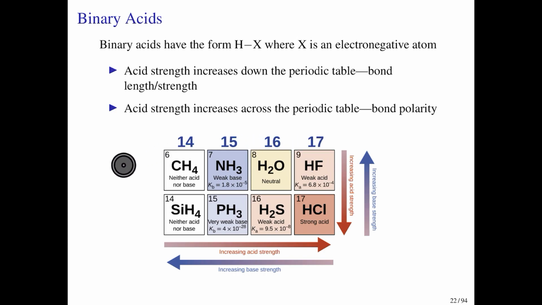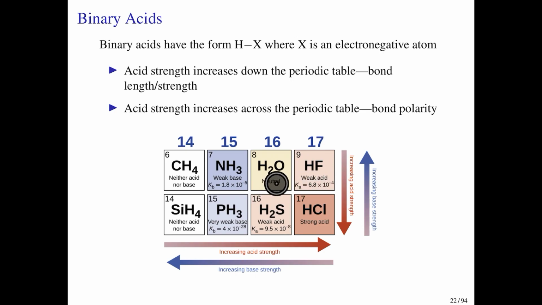So think about your electronegativity trends involving the periodic table. As you go across the periodic table, the electronegativity of the atoms increases. In fact, fluorine has the largest electronegativity of all of the atoms on the periodic table. And so hydrogen fluoride is a stronger acid than water because the HF bond is more polar, and therefore the hydrogen is more susceptible to being donated away than it is in water.